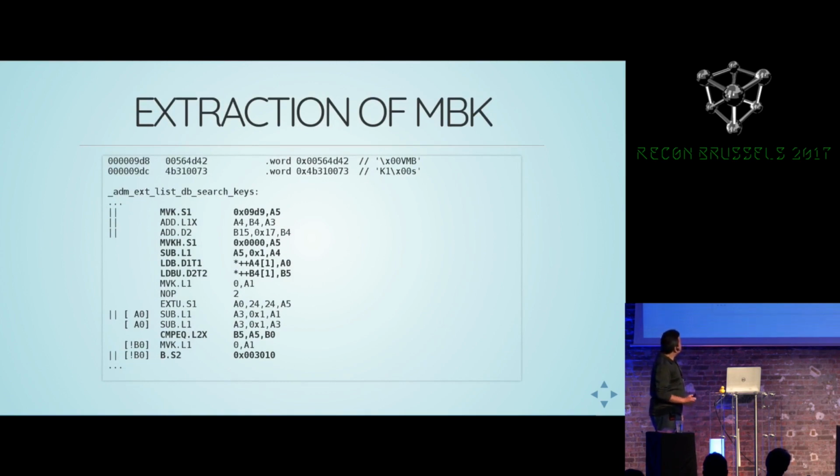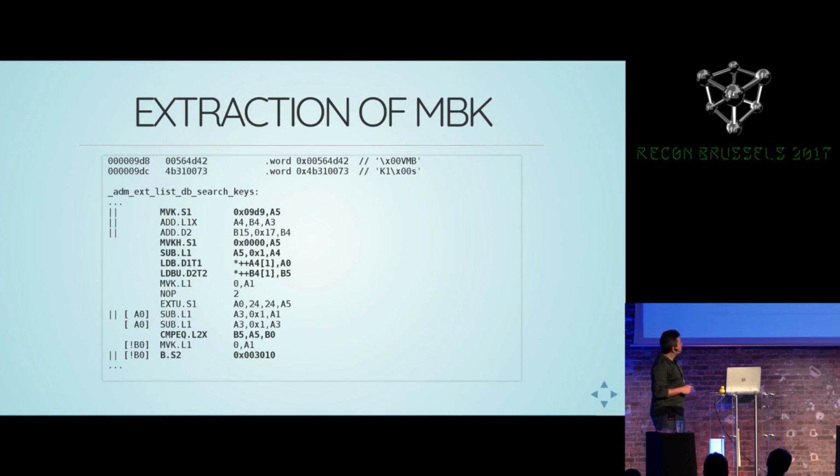This is a function that is used to extract the MBK and databases in general. The MBK cannot be extracted, according to the documentation. This is a security check. The first two bold instructions load the address of this string, vmbk1, to register A5.